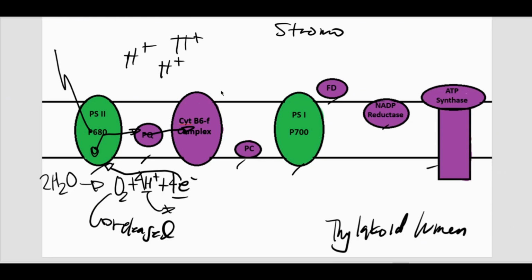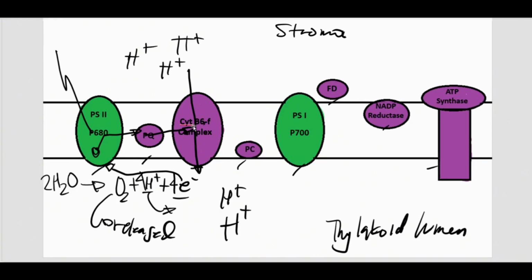So as they move, they will pump hydrogen ions from the stroma into the thylakoid lumen. Now, as hydrogen ions get pumped from the stroma into the thylakoid lumen, it creates a concentration gradient of hydrogen ions. The journey of the electron continues.